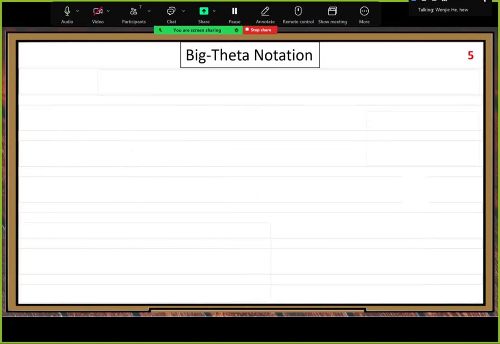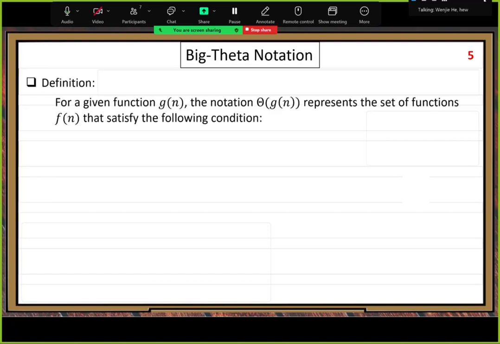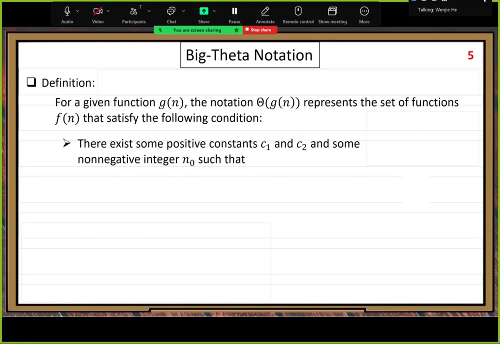Then the next one combines two-sided approximation, both sides. This is the big theta notation. This time, big theta, and two positive constants, c1, c2, and a non-negative n0, the vertical line somewhere. You can make your decision, you have the freedom to move that bar.